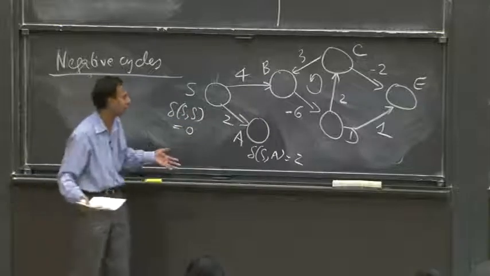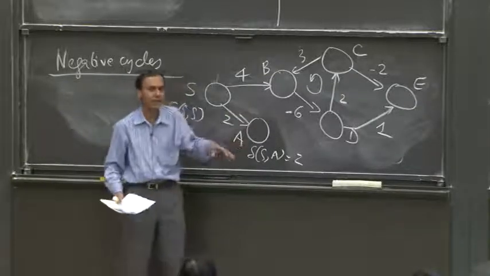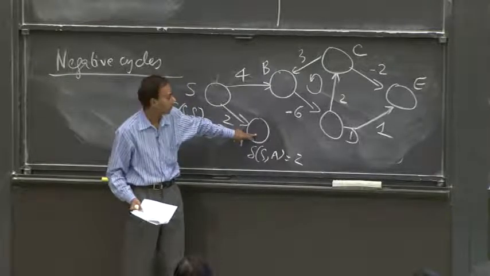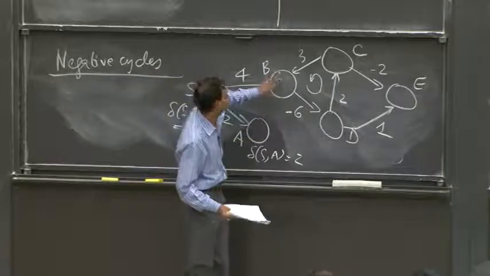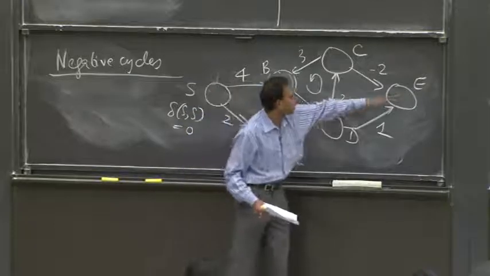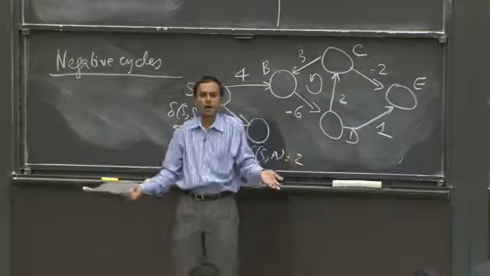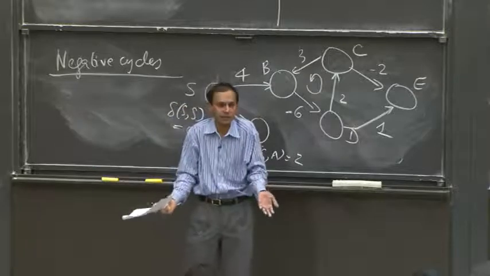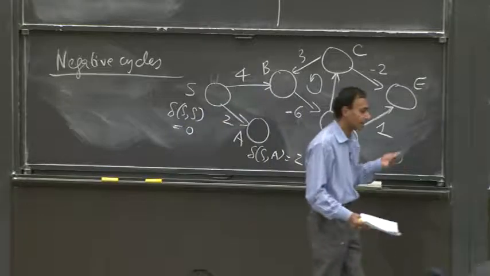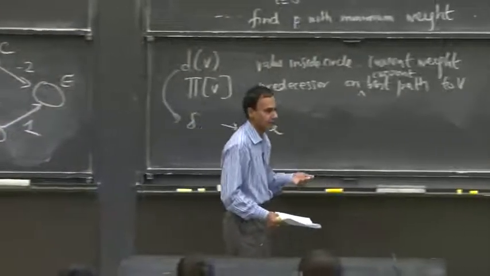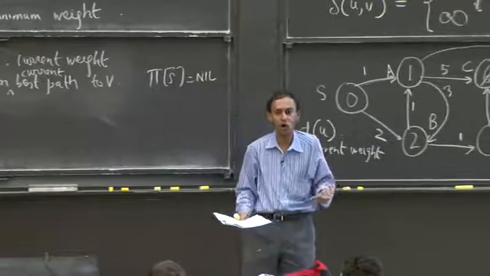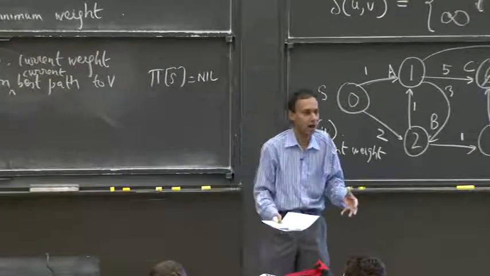You in fact don't touch a negative weight edge. More importantly, you don't touch a negative weight cycle in order to get to A. On the other hand, anything in here you could run many times and end up with whatever weight you wanted. There'd be a minus infinity weight. So you want an algorithm that handles negative cycles, which are the hard part here. Negative weights aren't the hard part if you can't run through these edges more than once. It's actually the negative cycles that are hard.